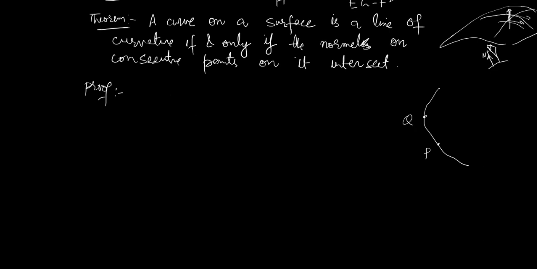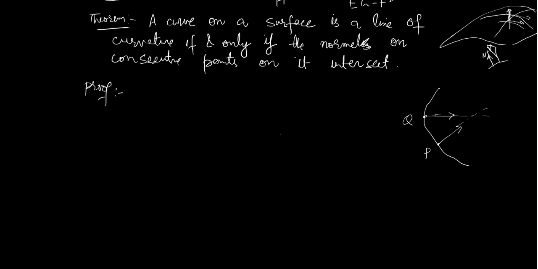And then there are normals, no? Think of this as a normal to here, and this is a normal to this point. Think of this as a curve on a surface, right? And they will of course intersect. If I extend these lines, they will intersect.